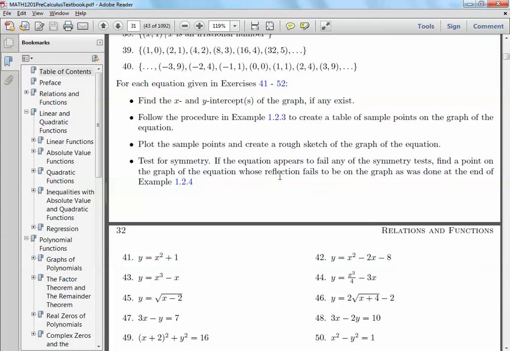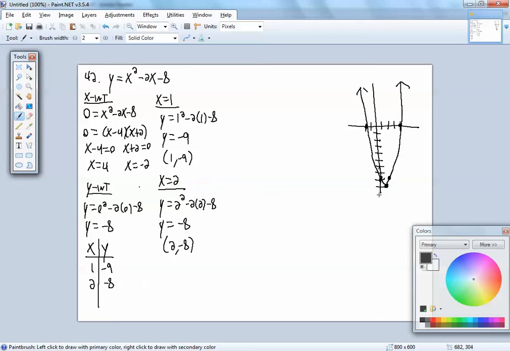Test for symmetry. If the equation appears to fail any of the symmetry, find a point on a graph whose reflection fails to be on a graph as was done at the end of the example. Well, if I plug negative x in for x, this will test symmetry with regards to the y-axis.